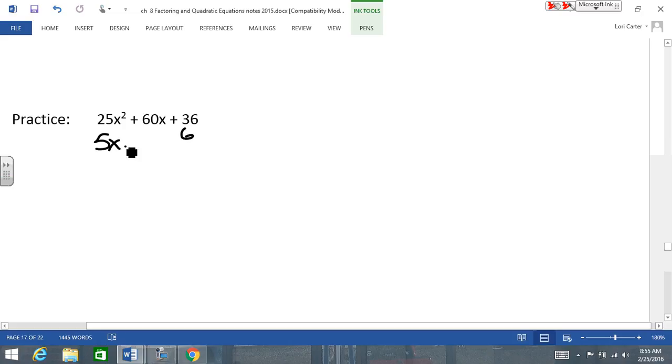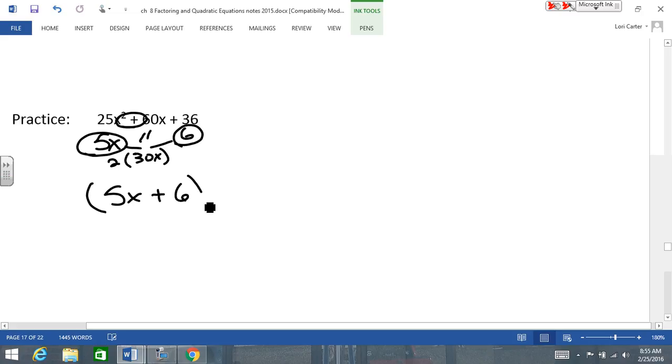What's 5 times 6? 30x, and then we double it. Equals 60. So it works. So how do I write my answer? 5 plus 6, always this sign. Done.